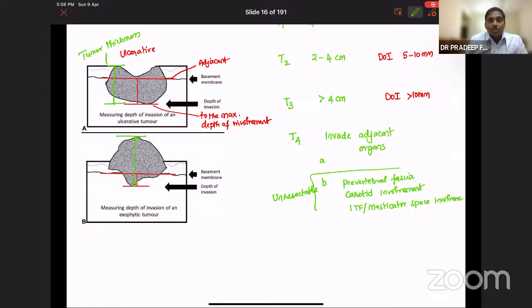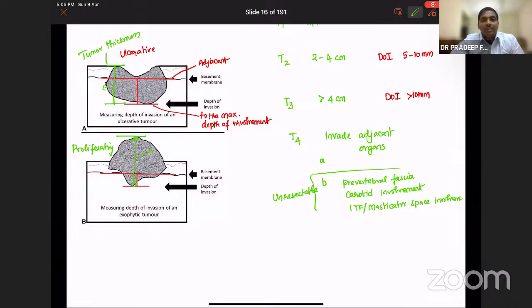But what we are more concerned about is the depth of invasion, because the more the depth, the more the chance for nodal metastasis, lymphovascular invasion, or perineural invasion. This is a proliferating tumor. Here the tumor thickness will be high, here it will be low.